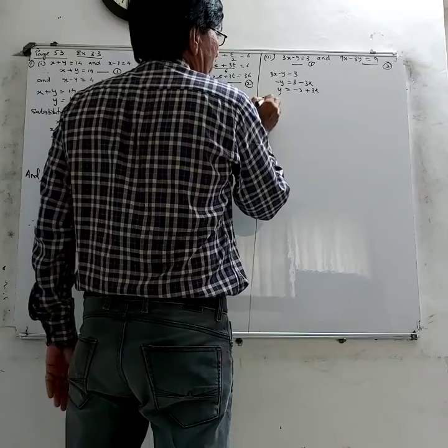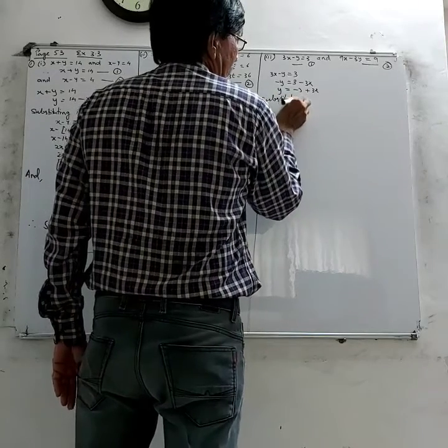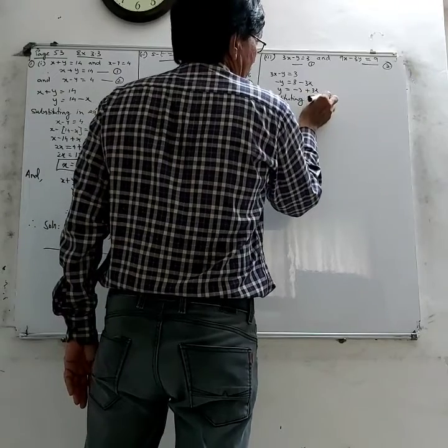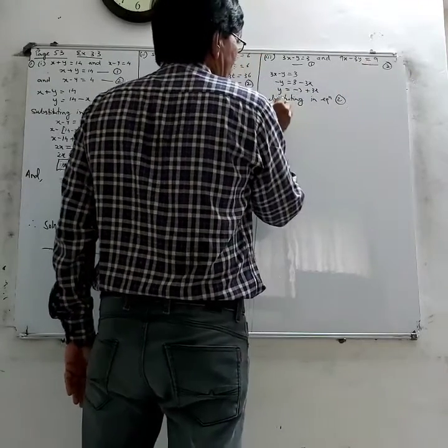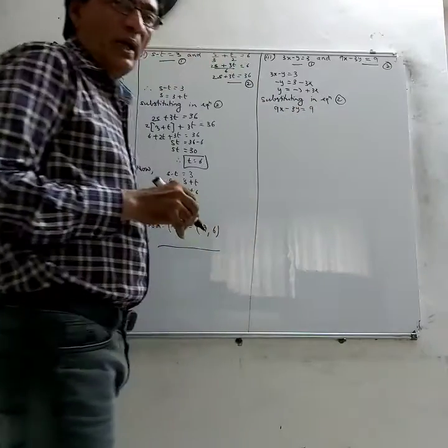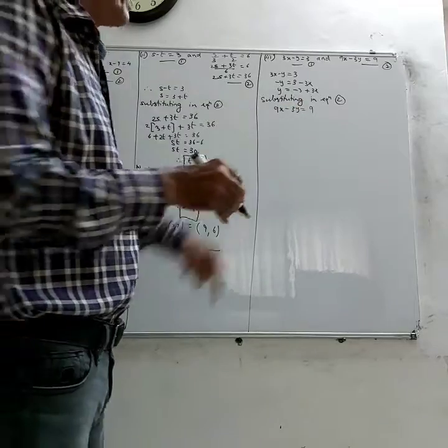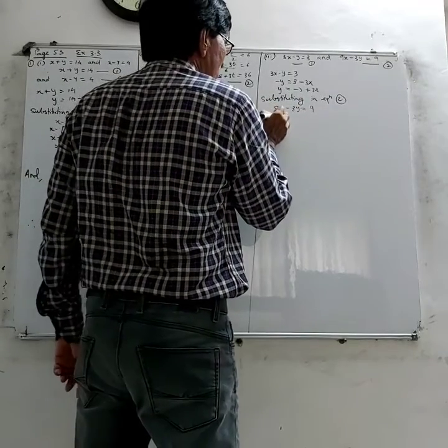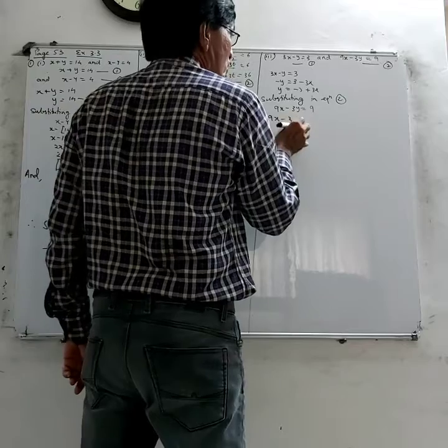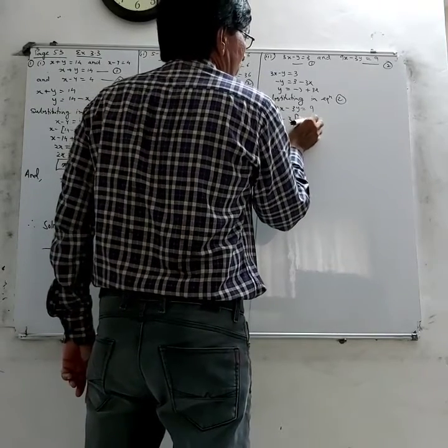Now substituting in equation 2. Take this equation: 9x minus 3y is equal to 9. But we are substituting in place of y. y is equal to minus 3 plus 3x. 9x minus 3 into y, y is equal to minus 3 plus 3x.